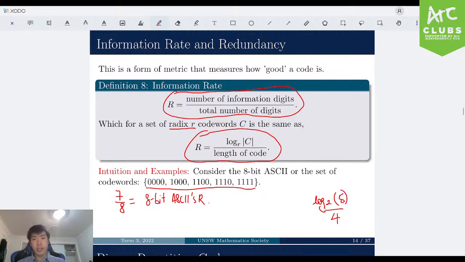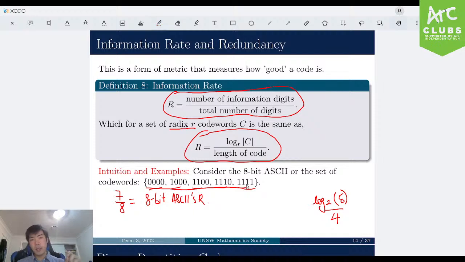Why is that? Well, our radix is 2, right? We're only using zeros and ones, so it's clearly a binary code. And furthermore, the cardinality of our code set is 5, because there are 1, 2, 3, 4, 5 code words in this code set.